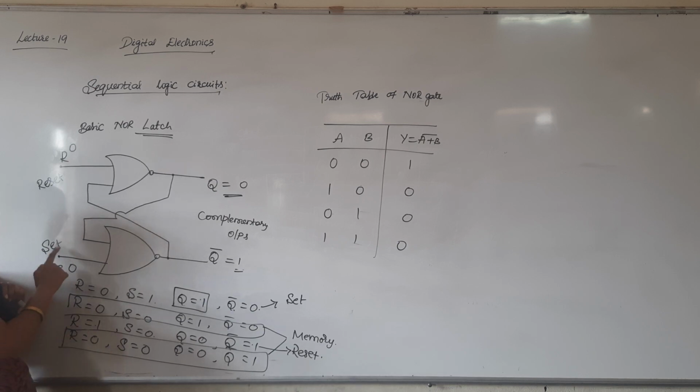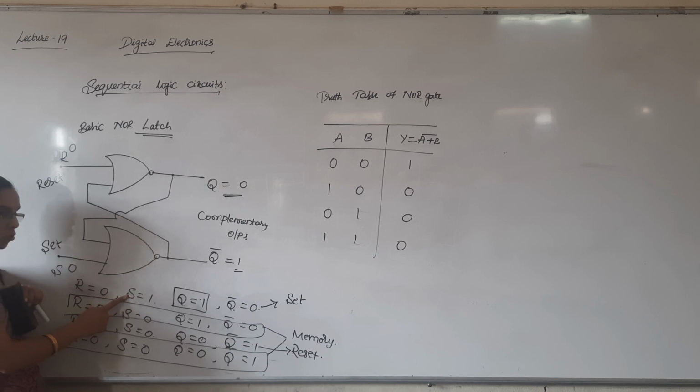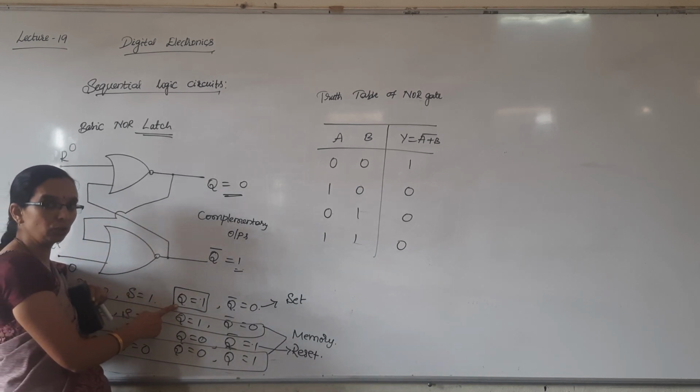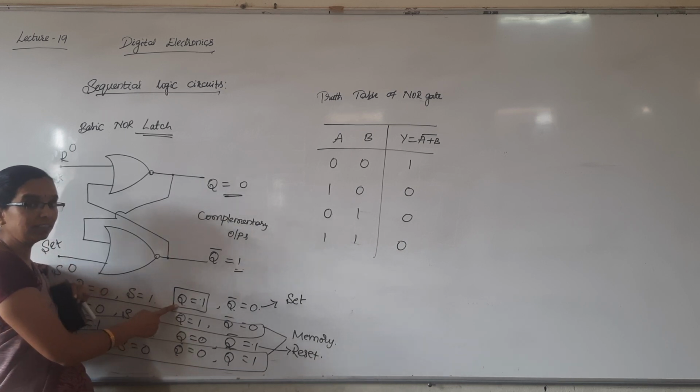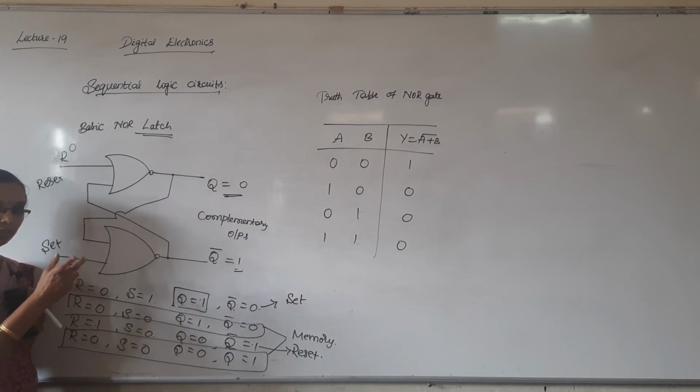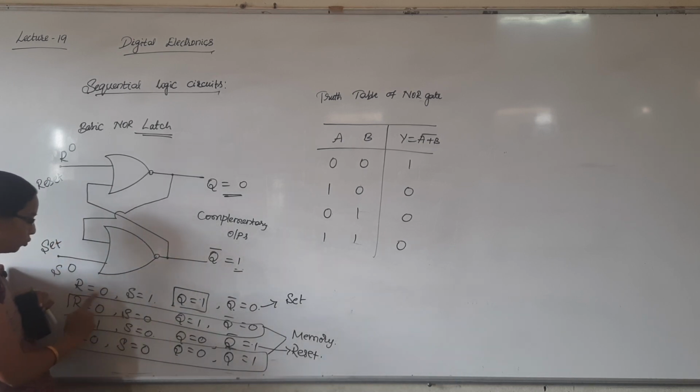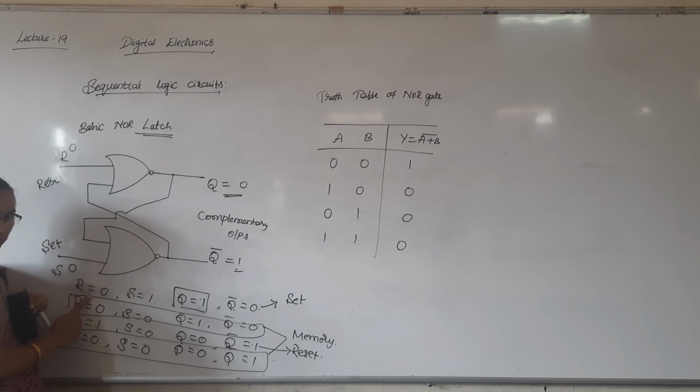If you want to set the flip-flop, then you have to make S is equal to 1. Setting the flip-flop is nothing but making Q is equal to 1 and storing the information, storing the bit 1 in the flip-flop by making S is equal to 1, R is equal to 0.